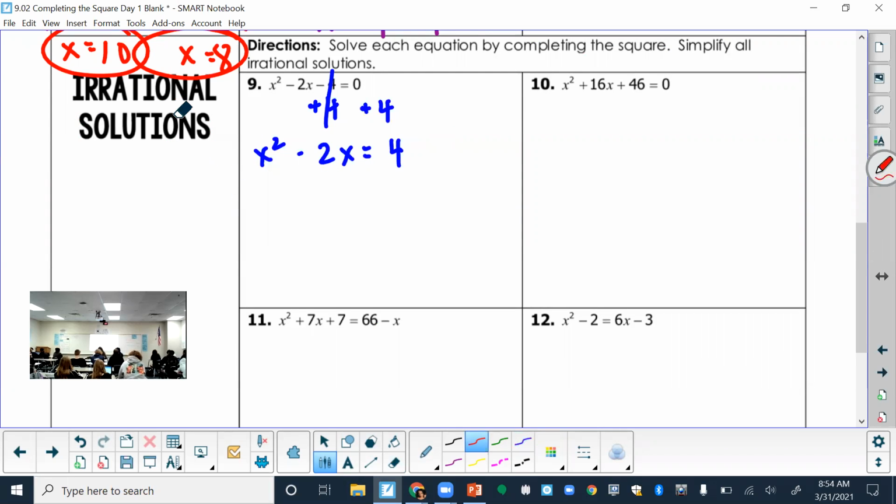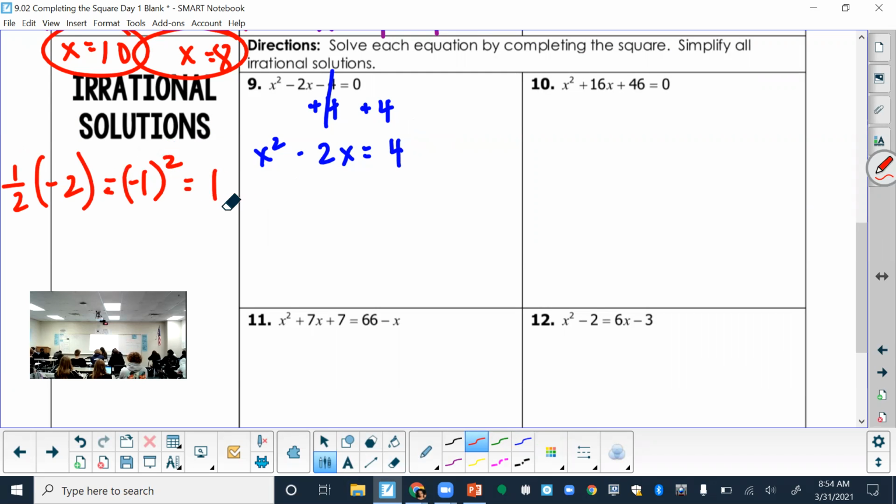Now we need to do step 2, which is to take half of b. What's the b value? It's -2. What's half of -2? -1. We're going to square it. What's -1 squared?